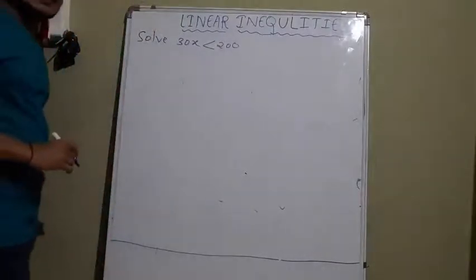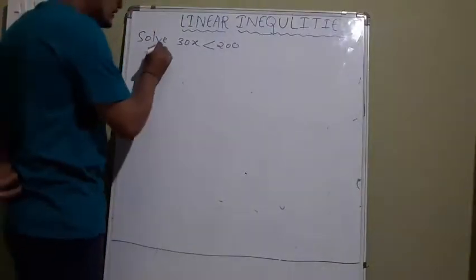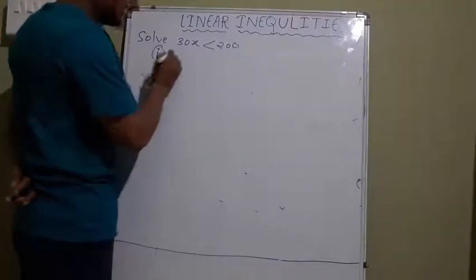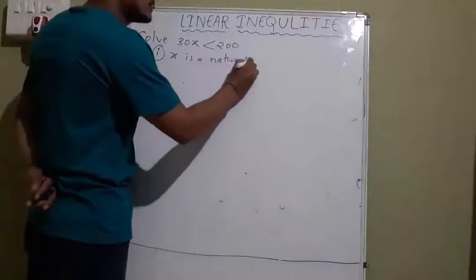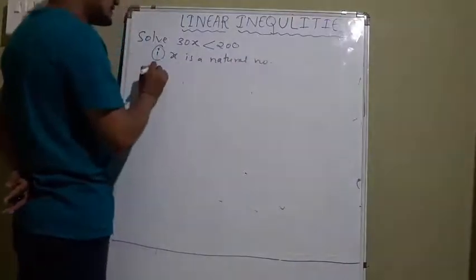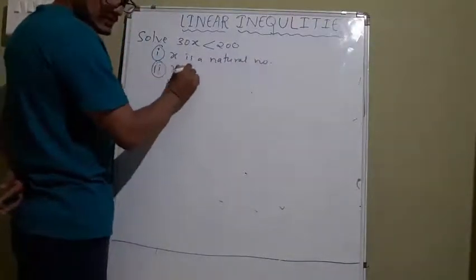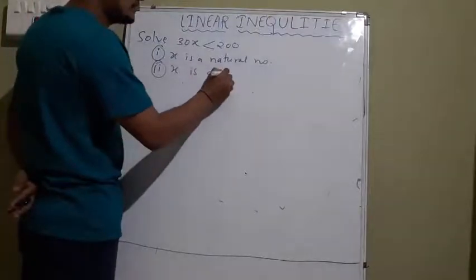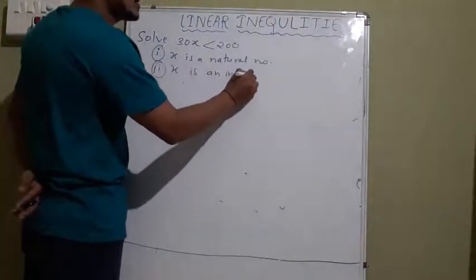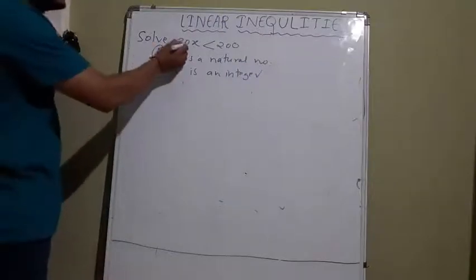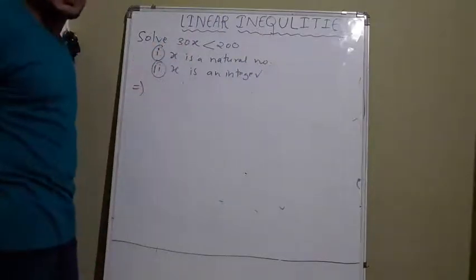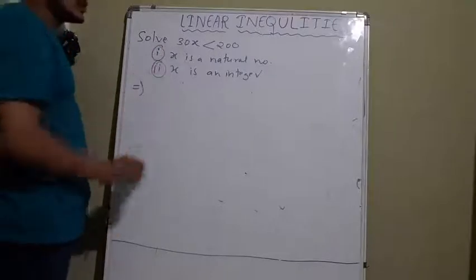For this, the first condition is x is a natural number. The second condition is x is an integer. So we have to solve this inequality 30x less than 200 for these 2 conditions.